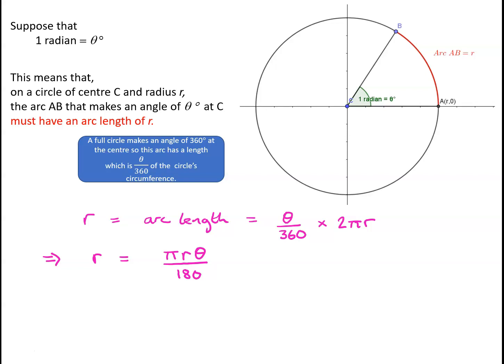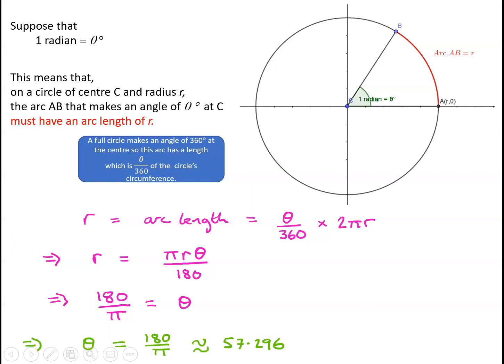The r's cancel out, and if I rearrange that to make theta the subject, I get theta is equal to 180 divided by pi, or approximately theta is 57.296 degrees.